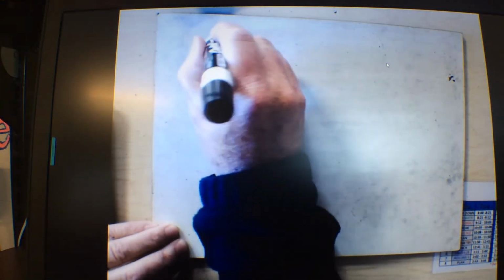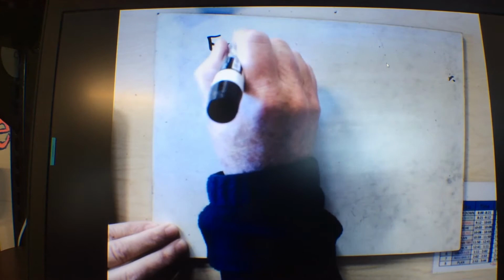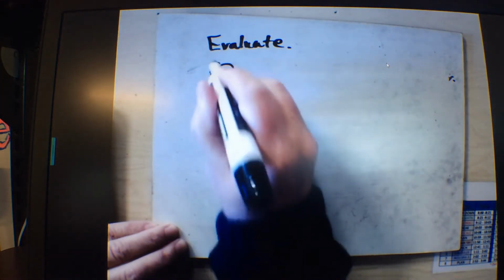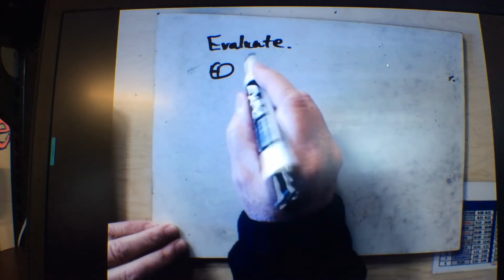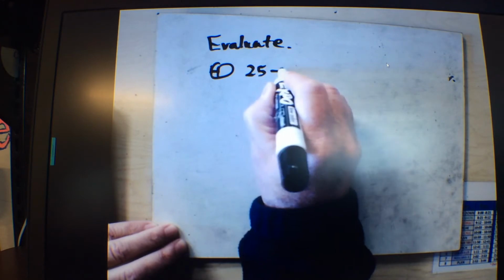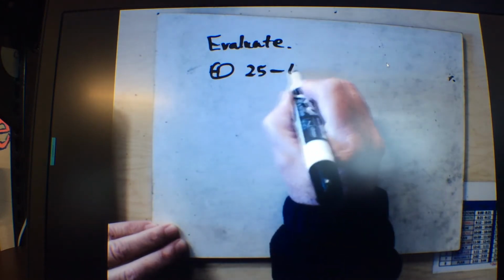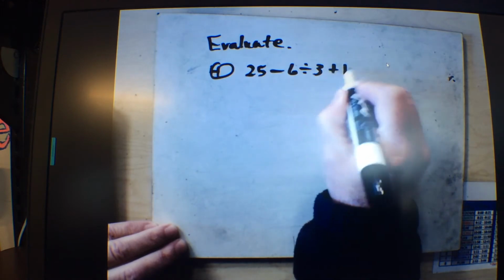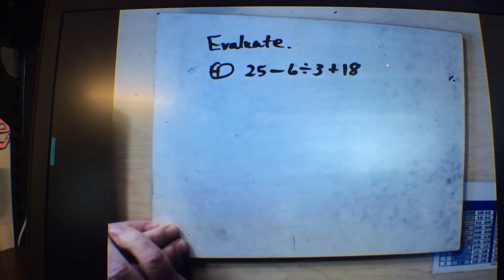All right. The next thing is to tell you to evaluate, and we're going to use the order of operations. So we're on number 4, right? All right, 4. So let's say that I have 25 minus 6 divided by 3 plus 18. Would you please do that problem?